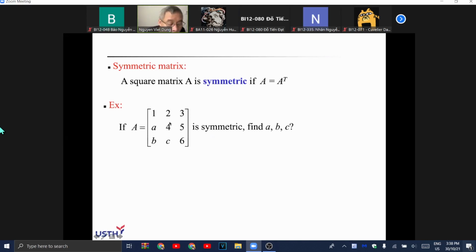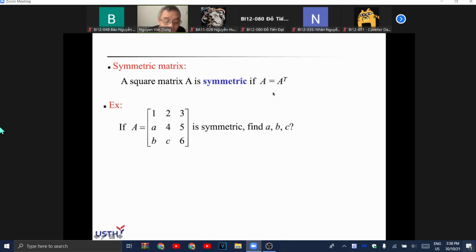It means if A to be like that and is symmetric, then that one must be that one, that one must be that one, that one must be that one. It means A must be 2, B must be 3, and C must be 5. That is the meaning of symmetry.